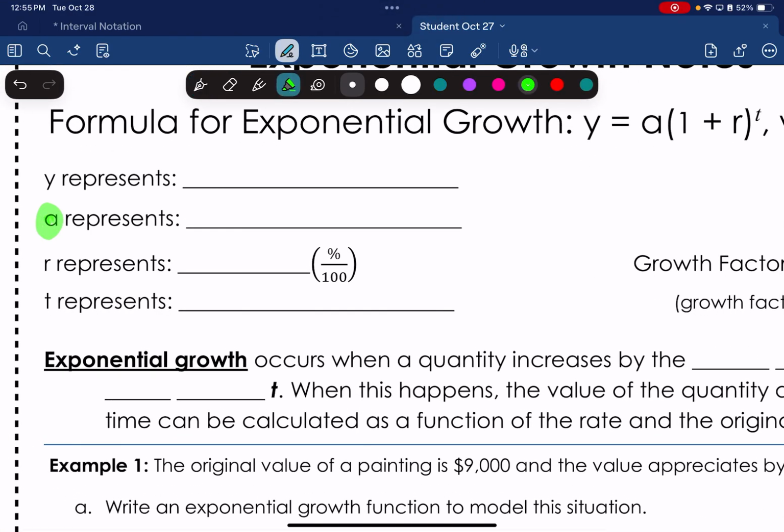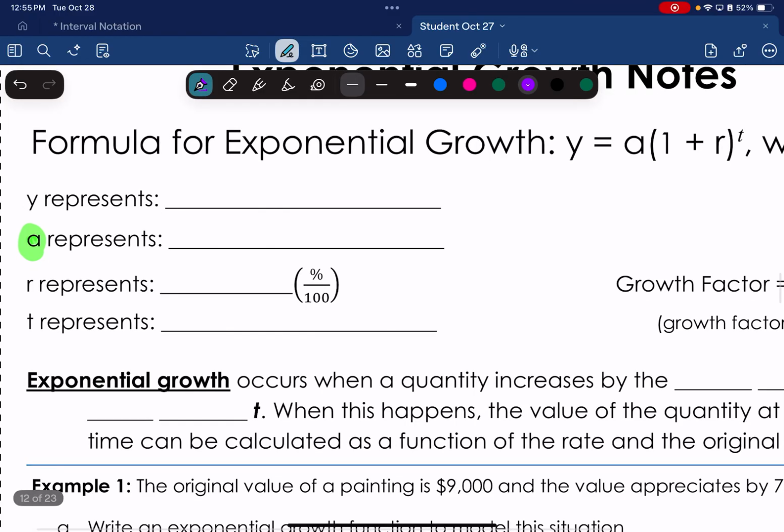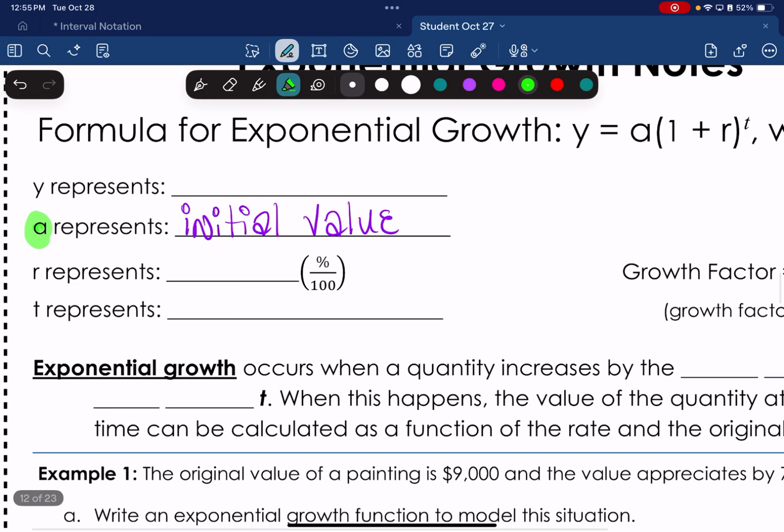A is your initial value. Your R is going to represent your rate. Your rate is going to be percent over 100, so you're given a percentage and automatically divide by 100 to turn it into a decimal.